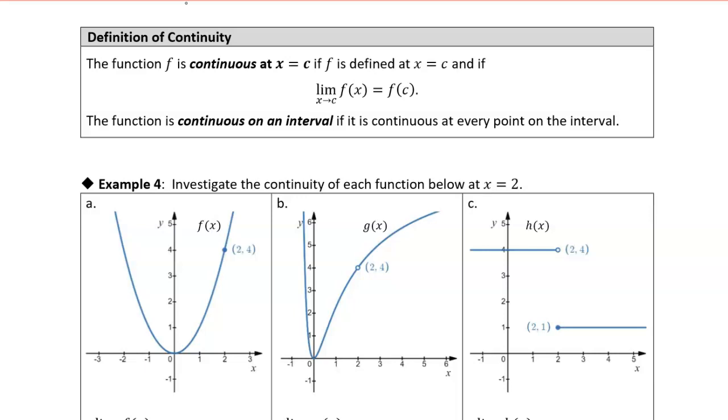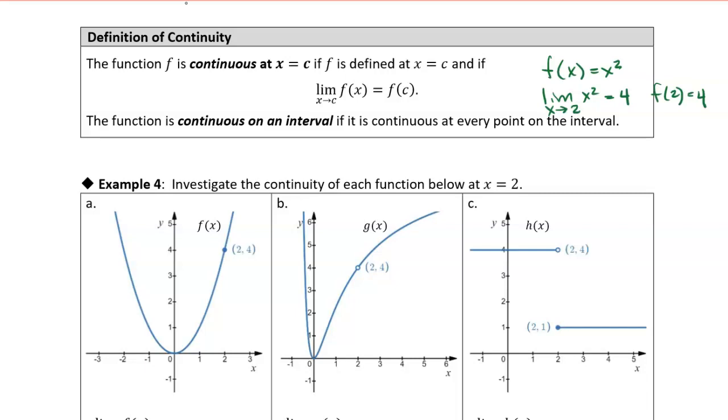Like in example 1, we saw f of x was equal to x squared, and the limit as x approaches 2 of x squared is equal to 4. And we saw that f of 2 is equal to 4. So we can say that the function f of x equals x squared is continuous at 2.